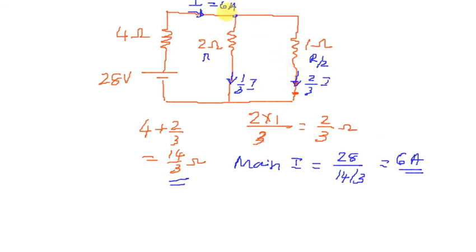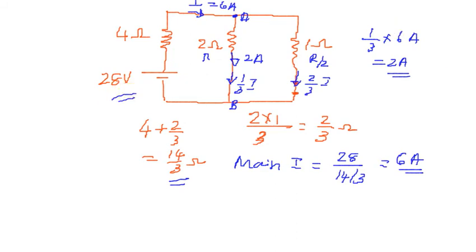But I am interested in this branch because the point A is here and B is here. So how much current should I treat now? I should treat a current of 1 by 3 times I, which is simply 2 amps. So a 2 amps current is flowing in this direction through the resistor, due to the 28-volt battery.